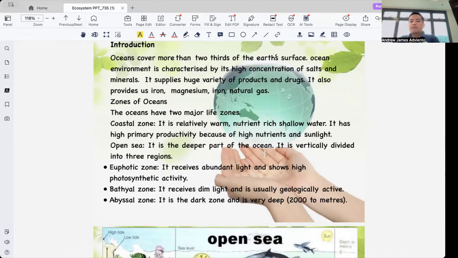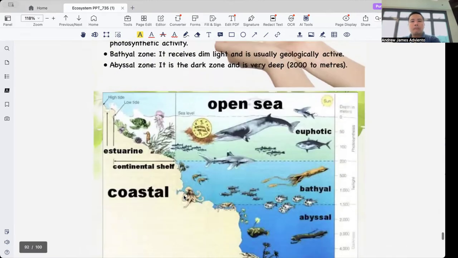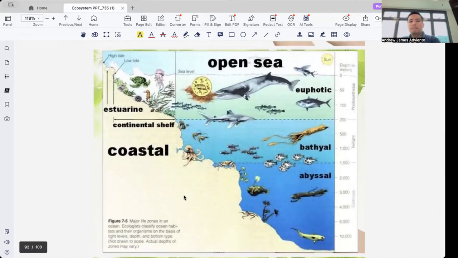So these layers show how life adapts to decreasing light, temperature, and pressure with depth. Euphotic, bathyal, and abyssal.